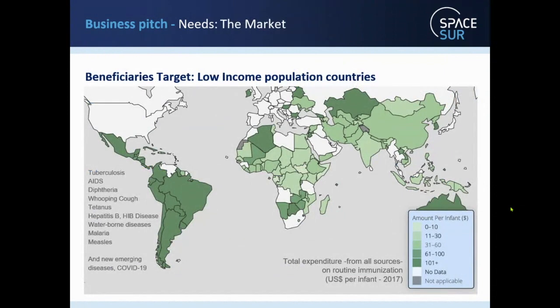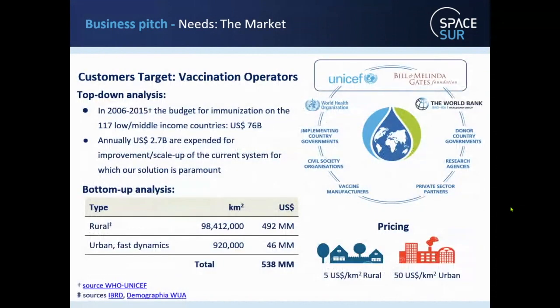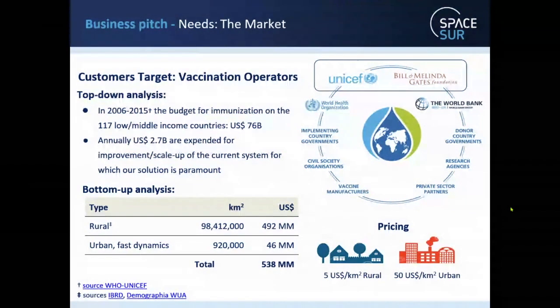For that, we defined a big target of beneficiaries in the world: the low-income population countries. In this area, a lot of money is managed every time to solve this kind of distribution and to help people get the information. This is very important for vaccine operations.